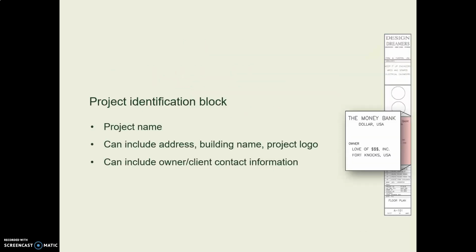Below that block comes the project. What is it you are drawing? So if we were working on the remodel of Building 15 on the LCC campus, we would write all that stuff in here, LCC Building 15, probably the address of the campus.